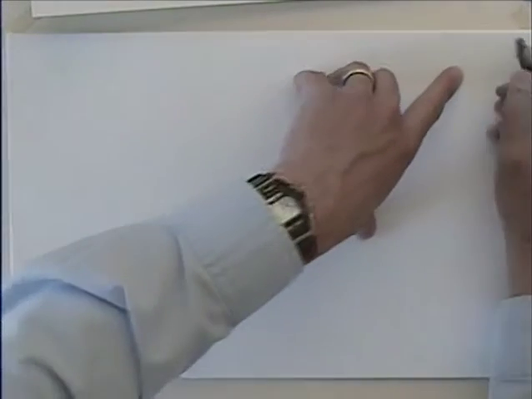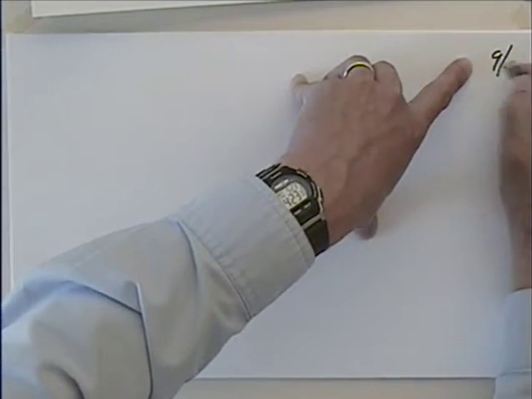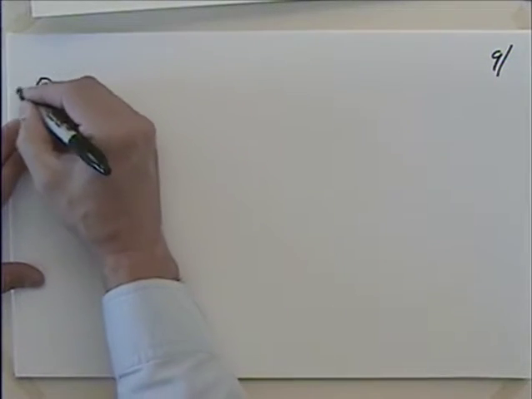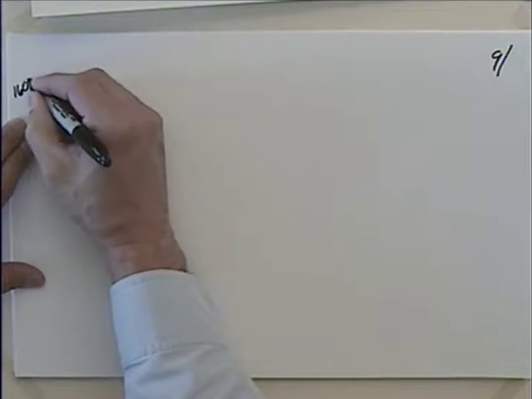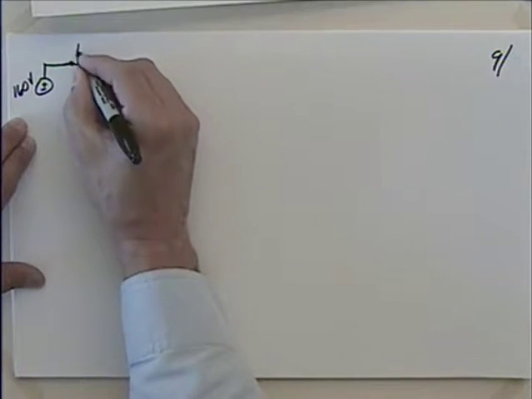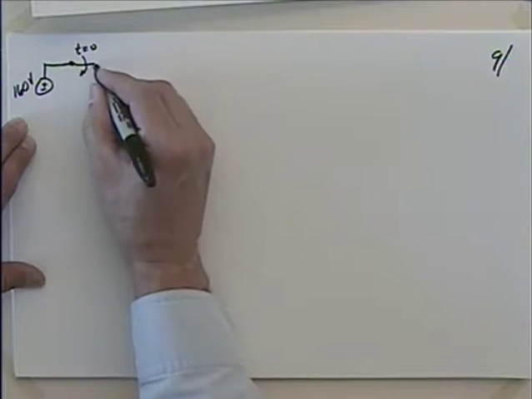So I'm going to look at this in the time domain. So in the time domain, I've got something that looks like this. 160 volts. I've got that switch that has closed at t equals 0.